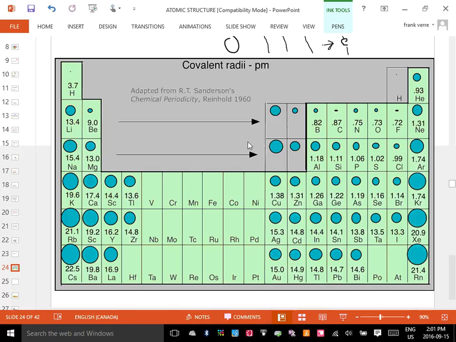We're going to ignore the noble gases, because the title of this chart says covalent radius. That means the atom is bound to another atom, but noble gases don't react. So we're going to exclude them from our little talk right now.